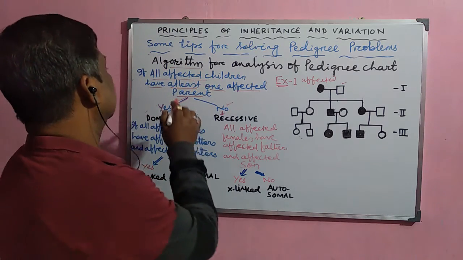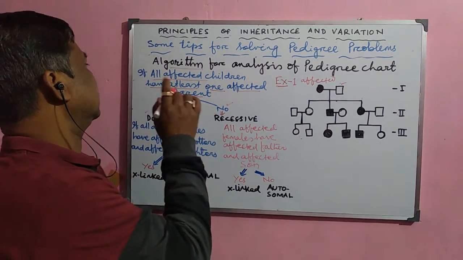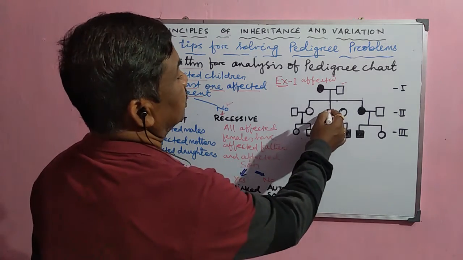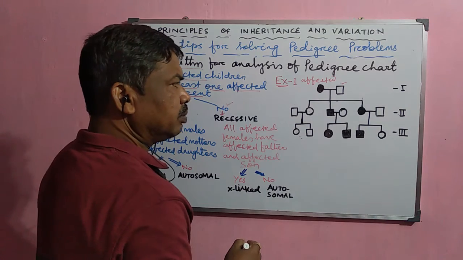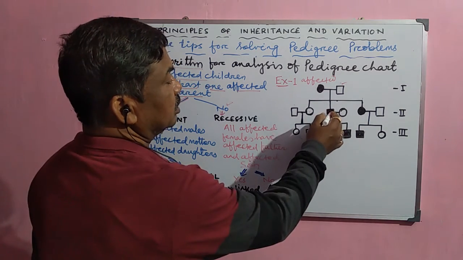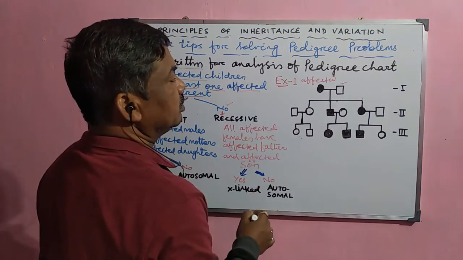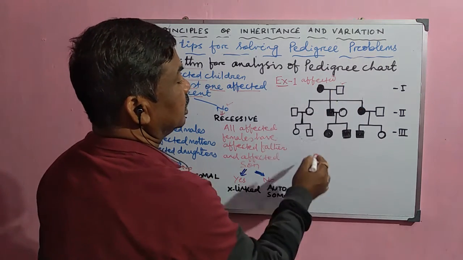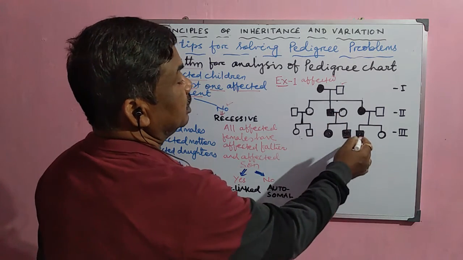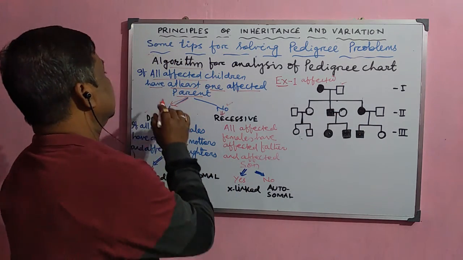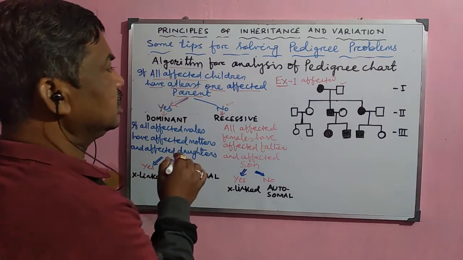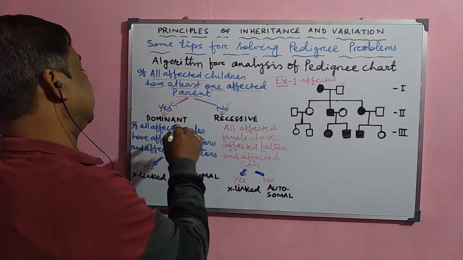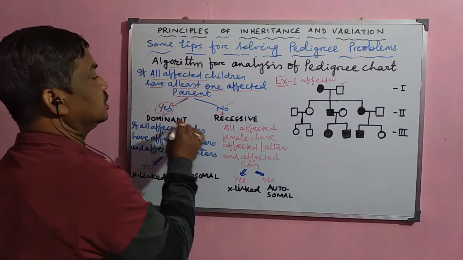Now from this algorithm: if all affected children have at least one affected parent, that means this affected child has an affected parent, and this child also has an affected parent, and so on for each affected child. So if, for all the affected children here, at least one parent is affected, then in the first case it is yes.